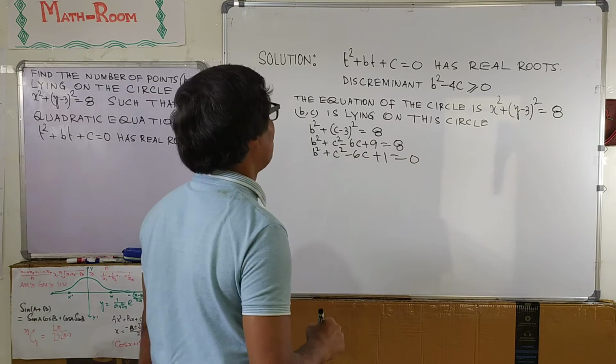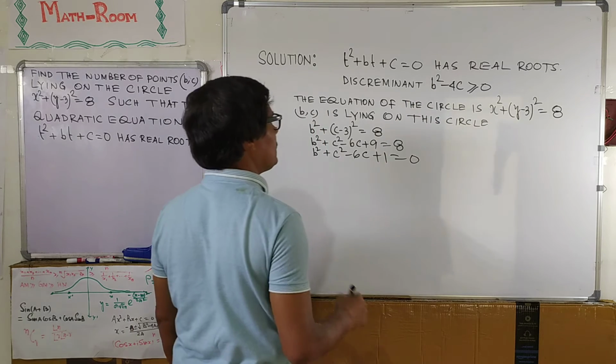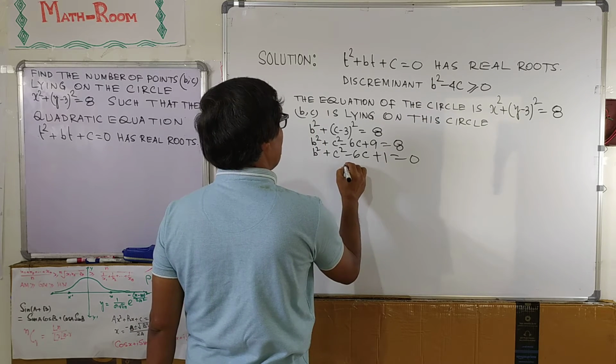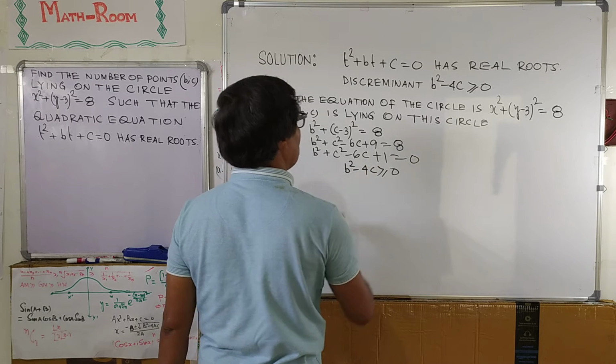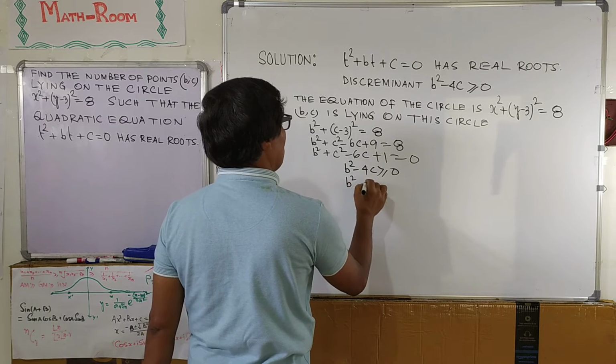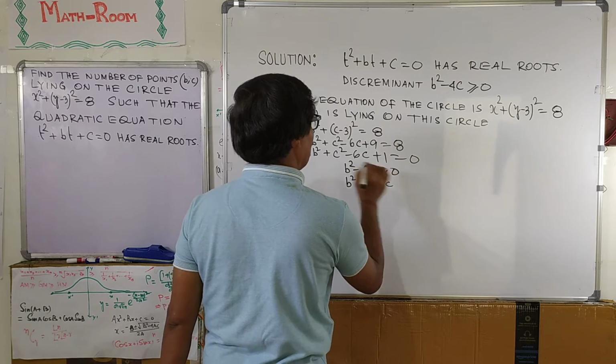Now we have b squared minus 4ac greater than or equal to 0, that is b squared minus 4c greater than or equal to 0, so b squared is greater than or equal to 4c.